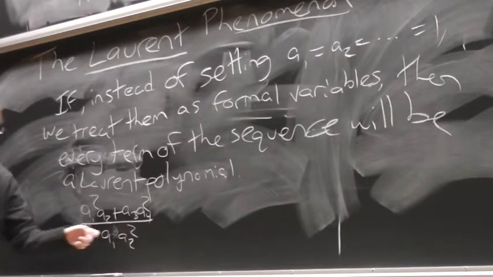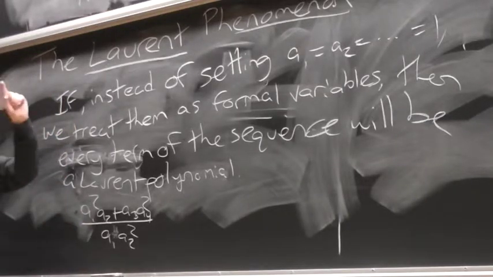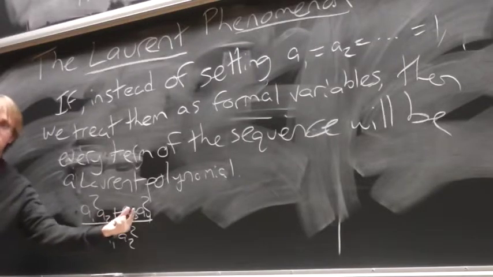Do you see how this property immediately implies integrality of the corresponding sequences? When we start with all ones, we set a1 equal to a2 equal to a3 and so on equal to 1. So we plug in 1 for each of these.